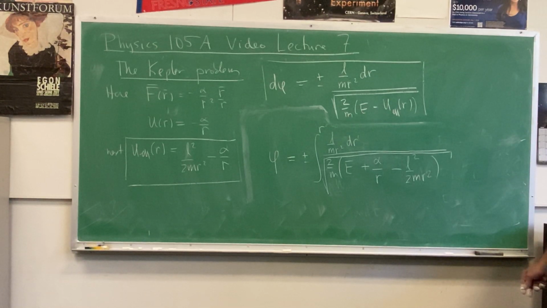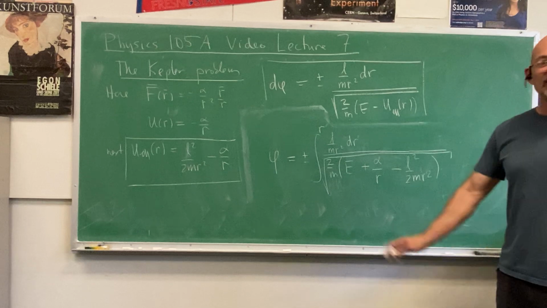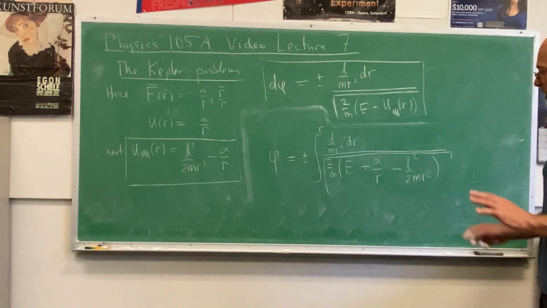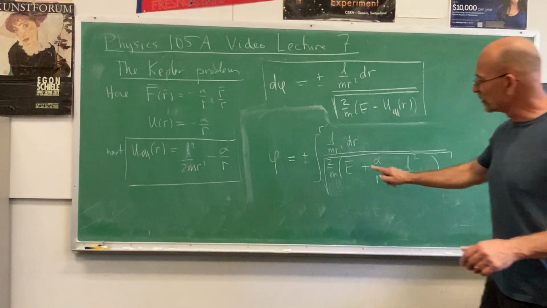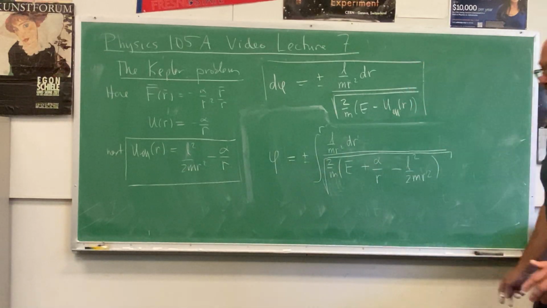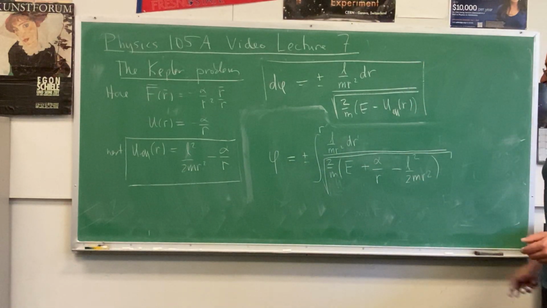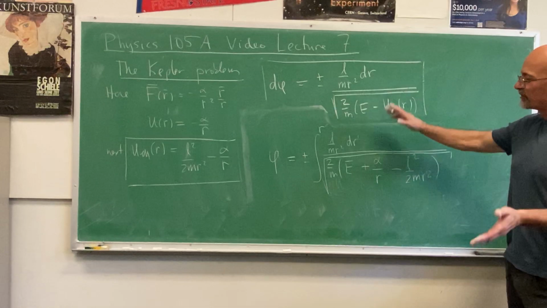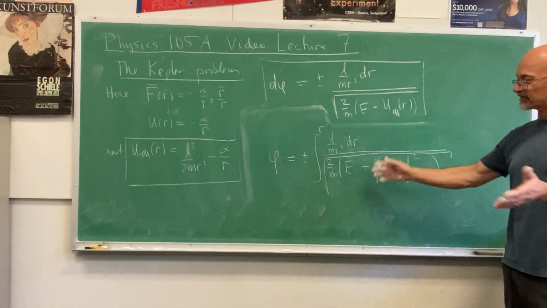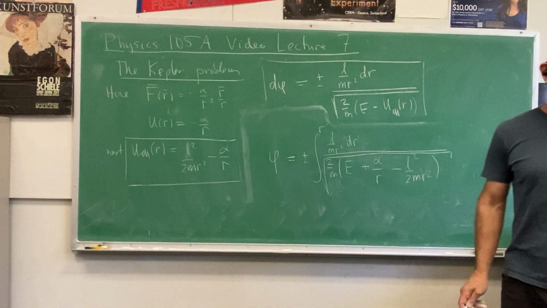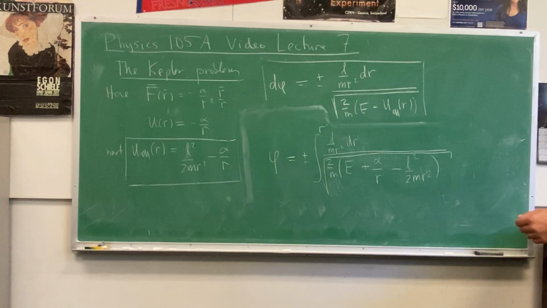Yeah, I'm going to put that as a homework problem and then guide you through it. But this is a problem where I want everyone to have done it. I want everyone to have done this integral because it's a famous result. Okay, by doing every step here and doing this integral, then we can claim to have truly done the Kepler problem. Everybody, and not just seen it in the book.